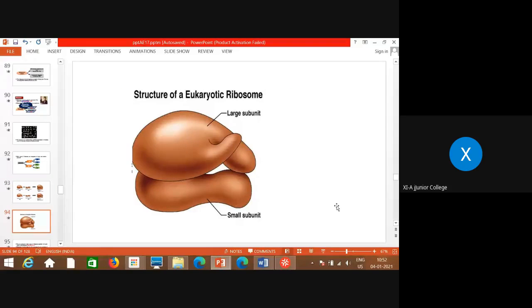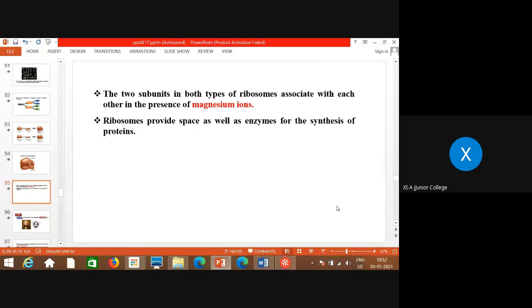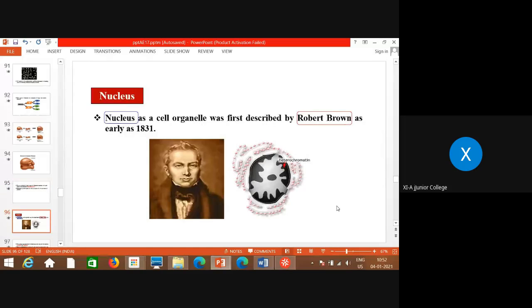So this is the structure of eukaryotic ribosome in large and small subunit. And the two subunits in both types of ribosomes associate with each other in presence of magnesium ions. Only in presence of magnesium ions, these two subunits associate with each other, and they provide space as well as enzymes for the synthesis of proteins.